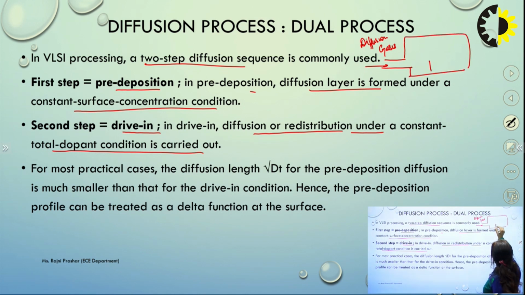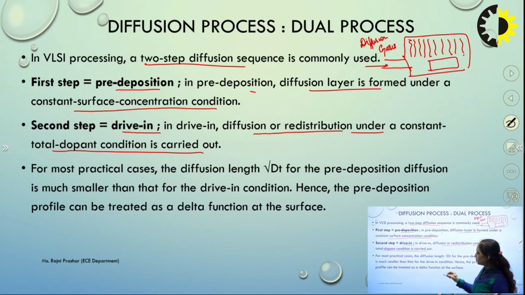Suppose your wafer is placed over here, and under this we have the continuous flow of gases. This is the pre-deposition process, and when we stop this supply, the dopants inside the reactor chamber are now constant. Some total dopant will be there, it will not change, and whatever dopants are inside the chamber will be diffused inside the substrate.